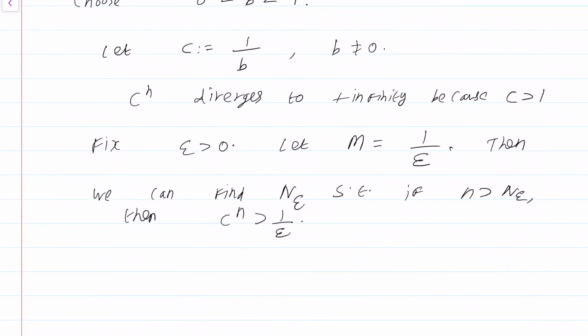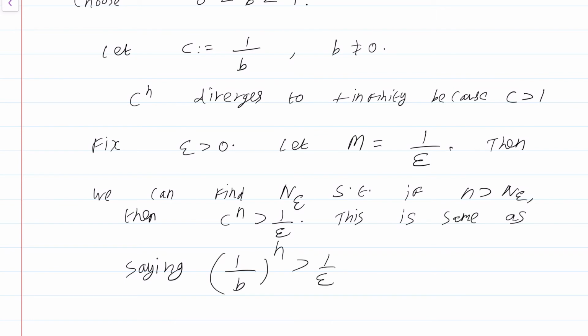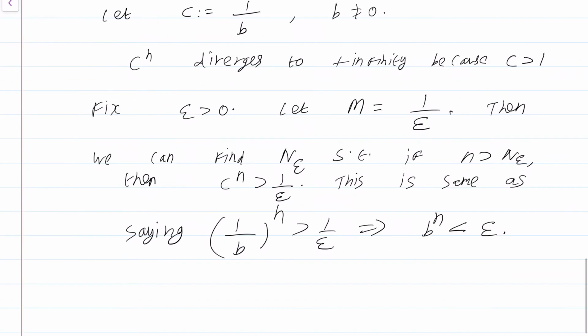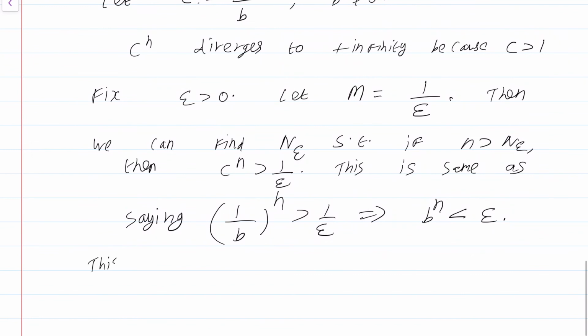But this is same as saying 1 by b power n is greater than 1 by epsilon, which is same as saying b power n is less than epsilon. Okay. So this shows b power n converges to 0.